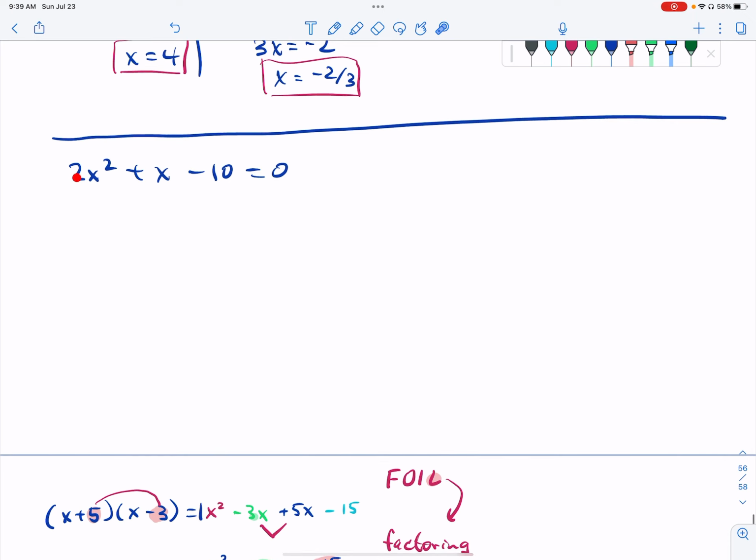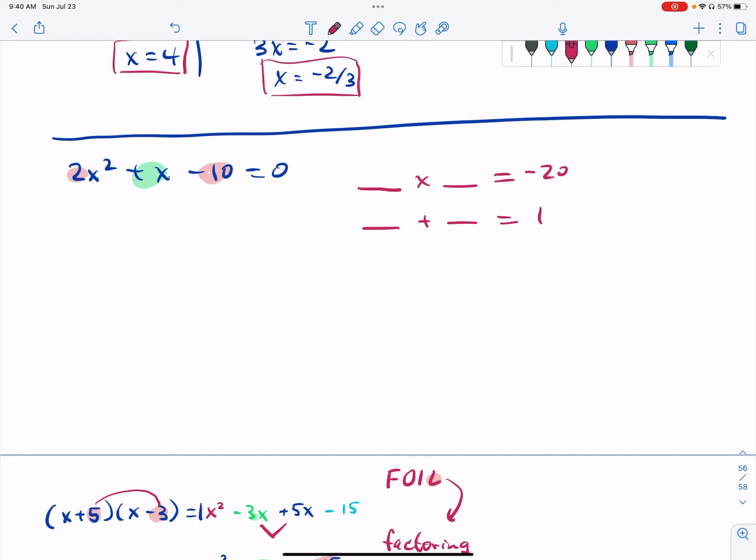When it's a leading coefficient of 2, that tells you that you have to multiply that 2 times the negative 10 to get a product of negative 20. And those same two numbers are supposed to add up to the middle term, which is the implied 1 in front of the x. So they add up to 1.